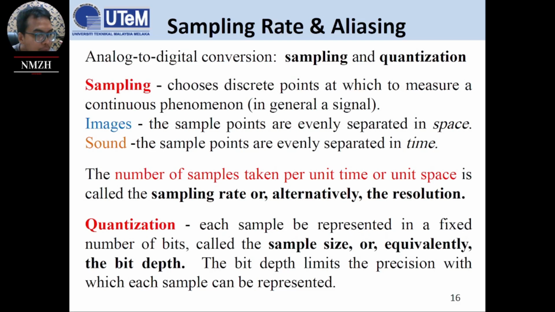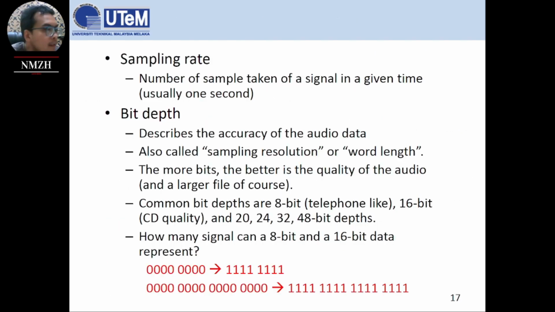Or we can call it bit depth. The reason we call it bit depth is that it means how the bits are restricted for digitizing on the amplitude axis. So that would be bit depth. Imagine this is the y-axis, the depth of the y-axis, so we call it bit depth. Sampling rate is the number of samples taken of the signal in a given time, using 1 second.